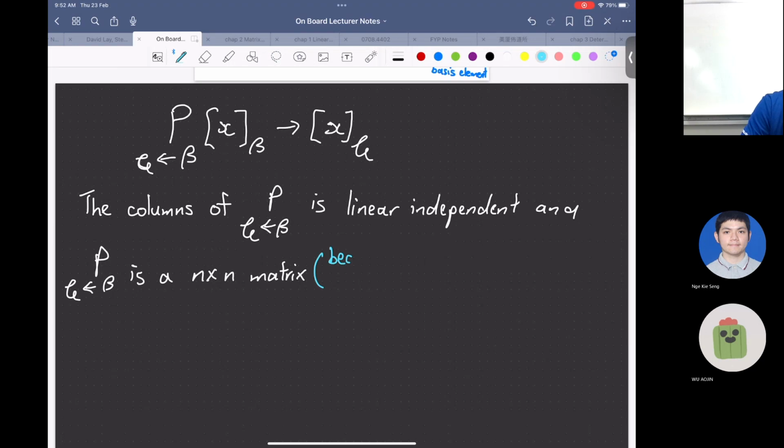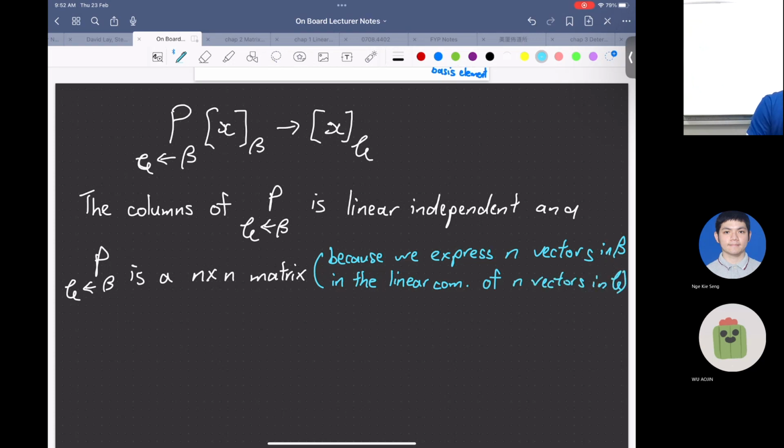Because we express the n vectors in B in terms of the linear combination of n vectors in C. Okay. Hence, P_B to C is invertible.